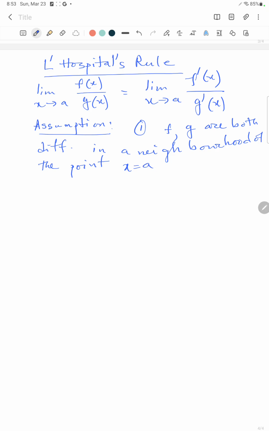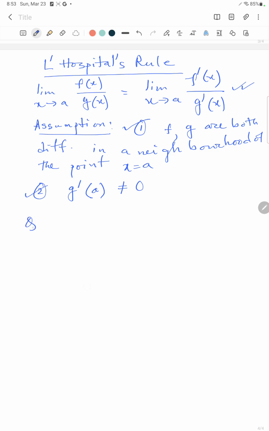The second assumption is that the derivative of g at the point a is non-zero. So if these two conditions are satisfied, then L'Hopital's rule says that this will happen.